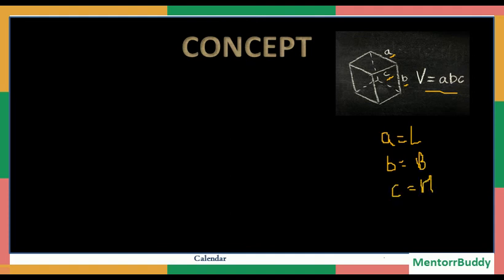So the volume of the rectangular cuboid can be written as length into breadth into height.